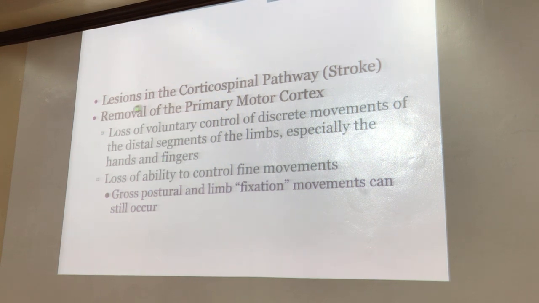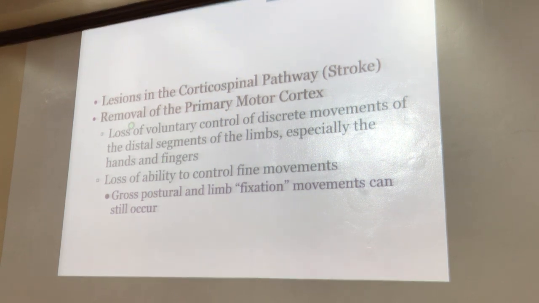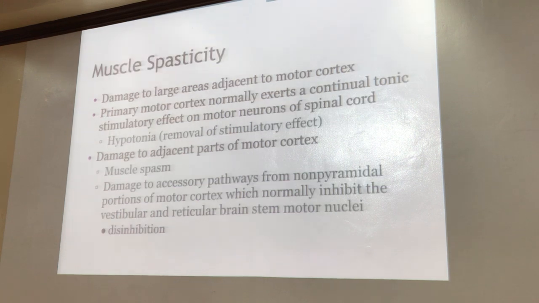And basically, yung reticulospinal tract, the rubrospinal tract will be the one functioning in this case. Muscle spasticity, sa mga PT dyan, usually is seen when the upper motor neuron pathway is involved.